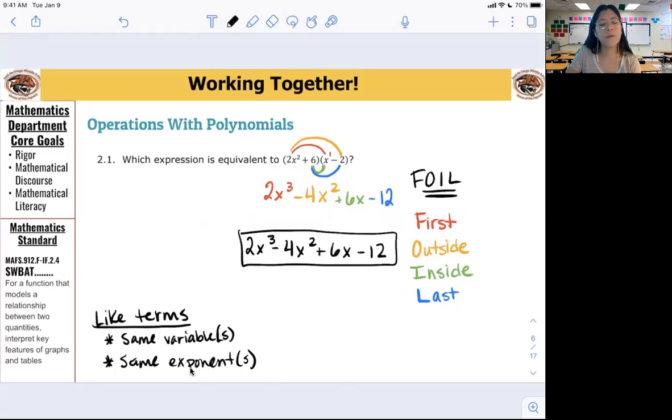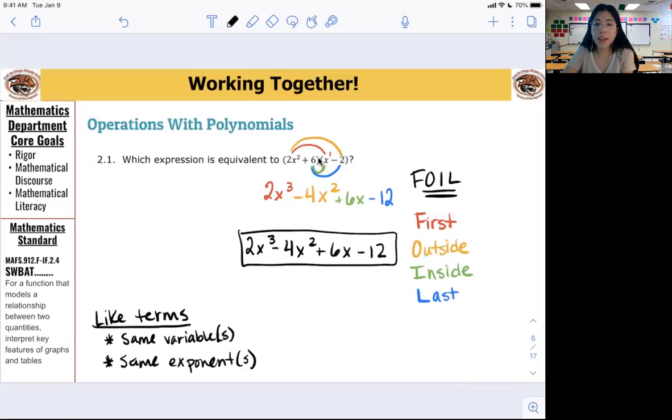Alrighty, so any questions on foiling? Any questions on combining like terms? Anything at all on this question? Okay, so someone's asking, what if you add them?